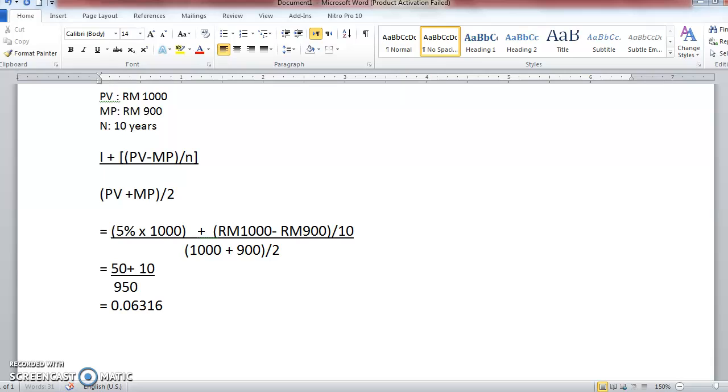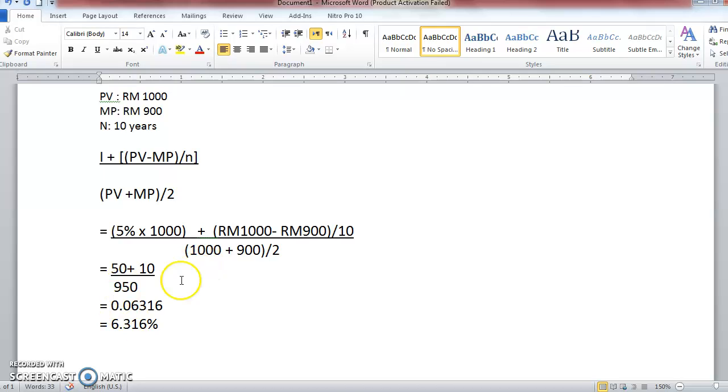0.06316. And this is not the final answer. You have to change this figure into percentage. How? Just times 100 lah. Tukar pada percentage times 100. So, you akan dapat around 6.316%.